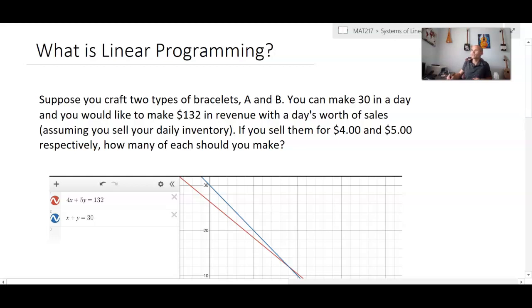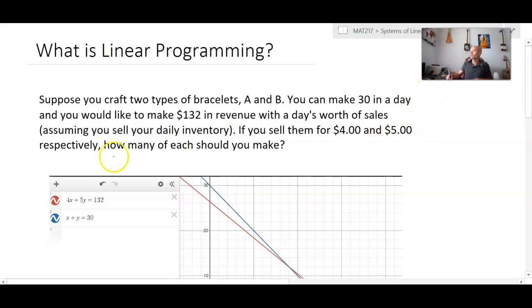You can make 30 in a day, and you'd like to make $132 in revenue with a day's worth of sales, assuming you sell your daily inventory. So we're assuming that all 30 bracelets are going to sell. You'd like to make $132. You want to make that amount exactly. You're going to make exactly 30 bracelets. If you sell them for $4 and $5 respectively, how many of each should you make?